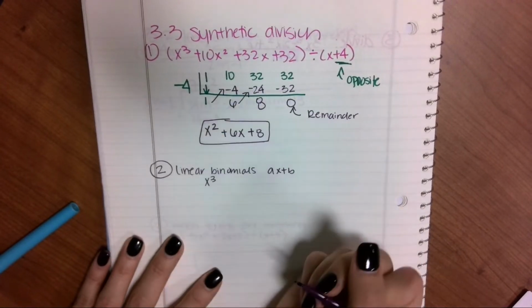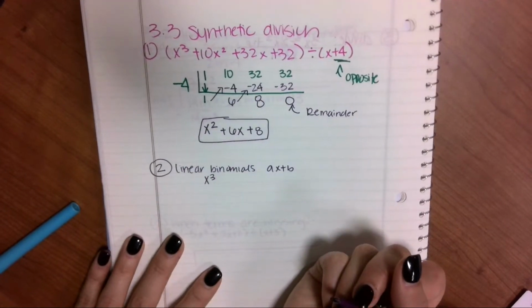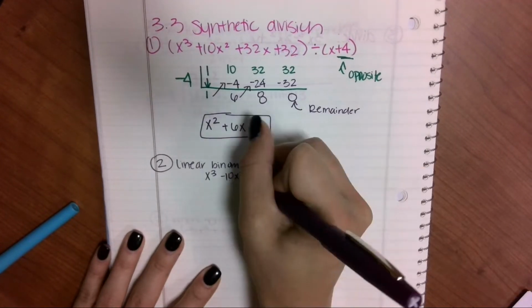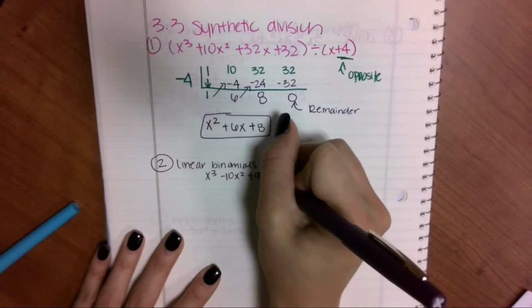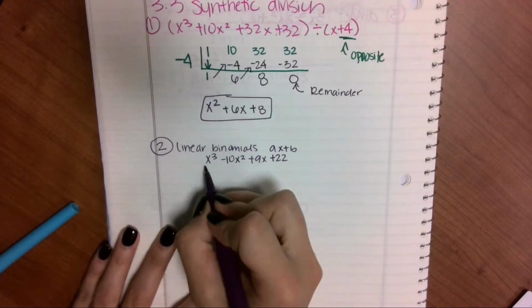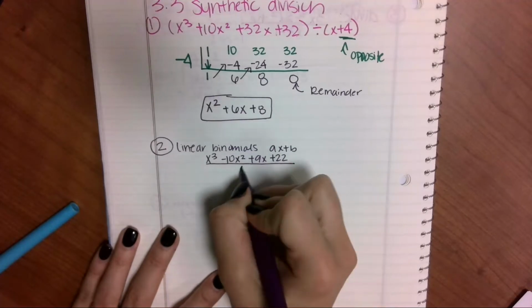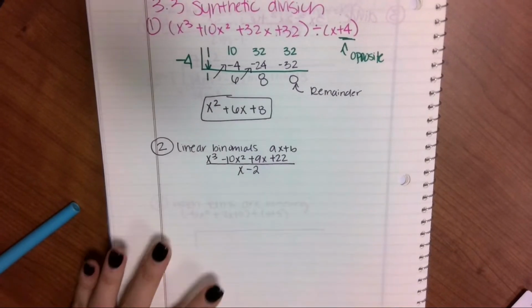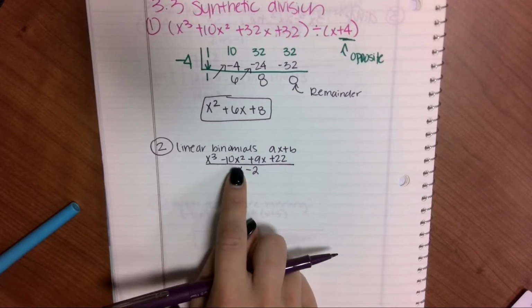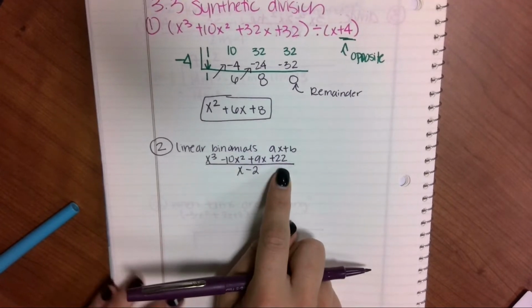Alright, so number 2 is going to be x cubed minus 10x squared plus 9x plus 22, all divided by x minus 2. So we go 3, 2, 1, none on the terms, so we are good.